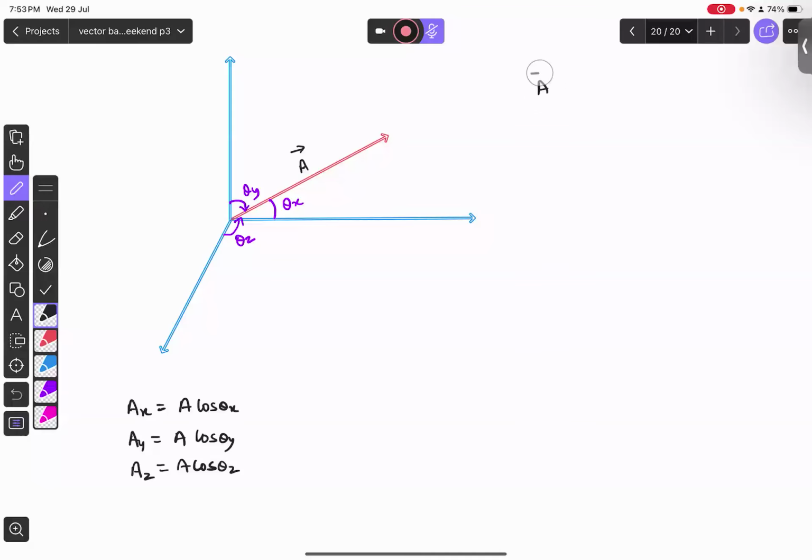So the vector can be written like this also. I'm telling it directly without proving it. So vector A we can write down like this: ax i cap plus ay j cap plus az k cap.